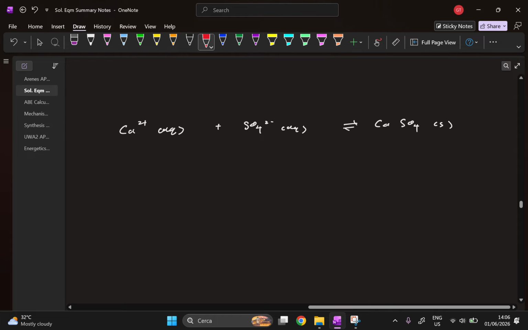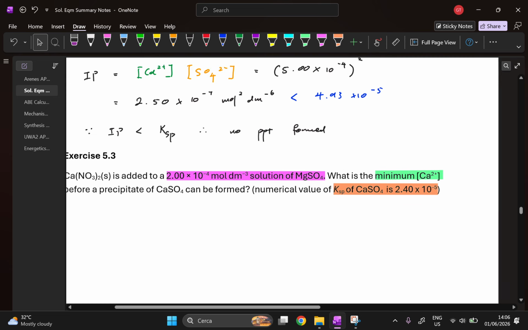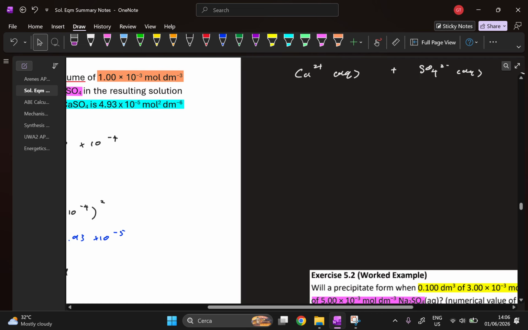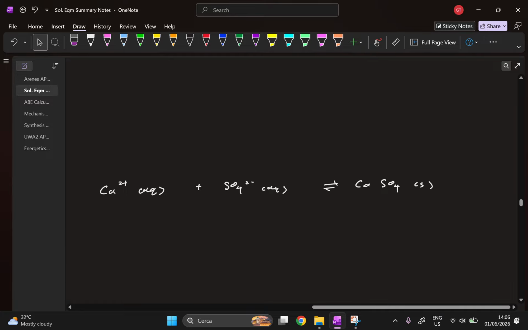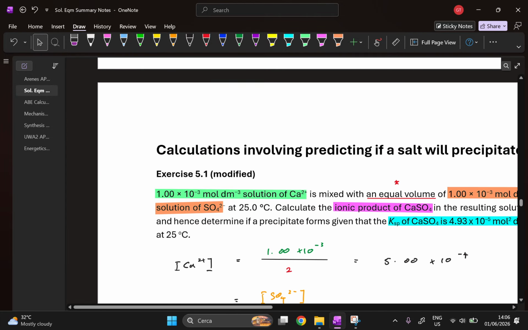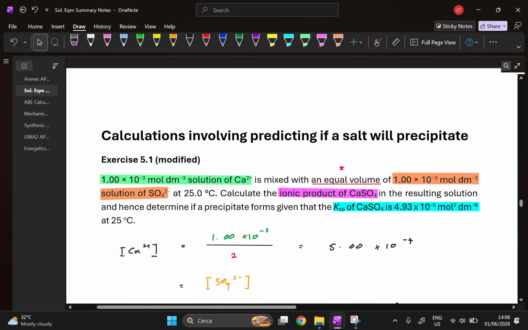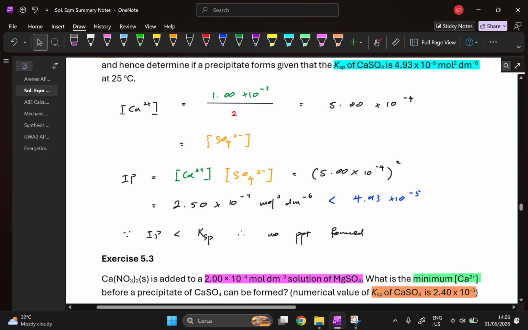But then, if IP is less than KSP, i.e. QC is less than KC, my POE is to the left. My POE is to the left. That is why this precipitate does not form. Understand? Okay?